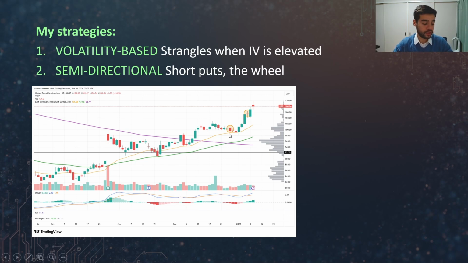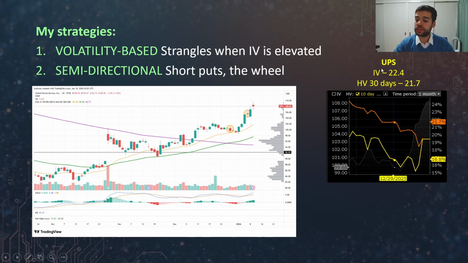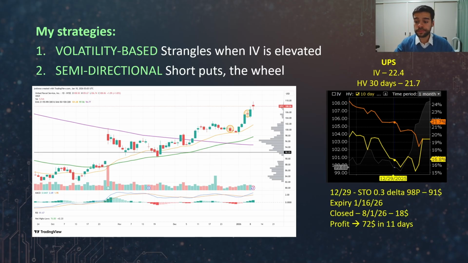I entered this position since IV was still relatively elevated compared with HV, and mostly because HV, you can see here on the 29th of December, was just trending down, both the 10 days and the 30 days volatility, giving me a good opportunity to capture in case this keeps trending down. So I sold a 30 delta 98 put on the 29th of December, and that was a $91 credit to open this position.